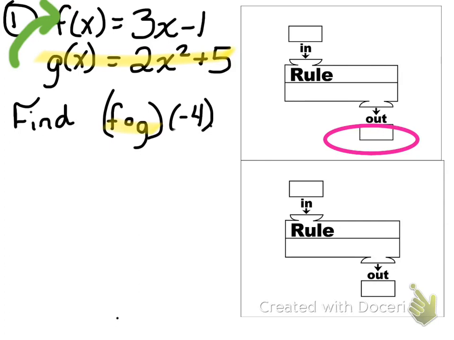So another way this can be written is f of g of -4. I'm just changing colors to help us see what's happening as we go through these steps.